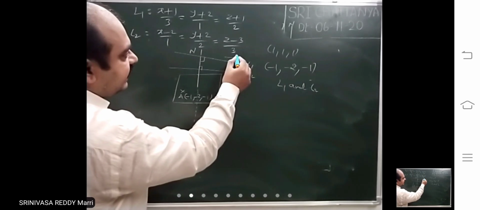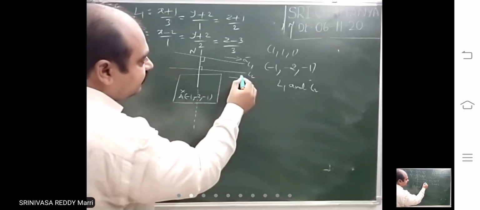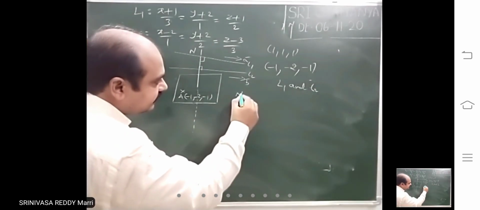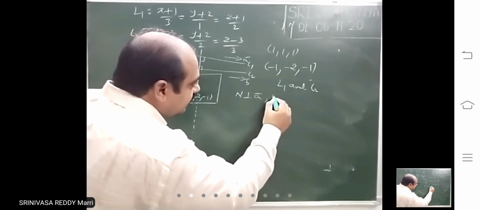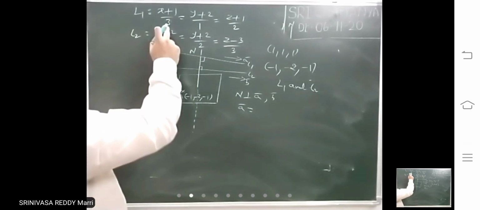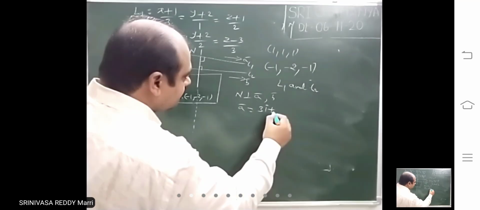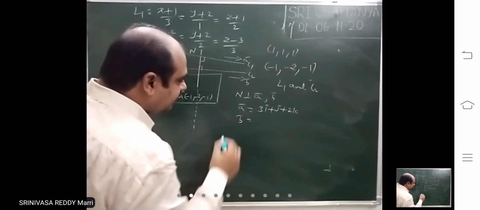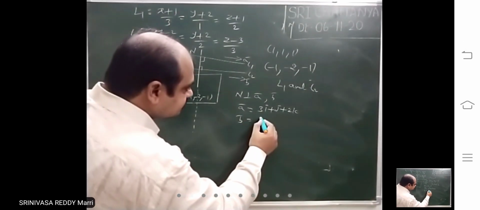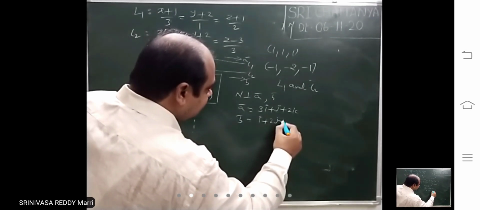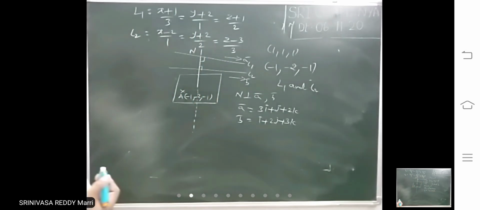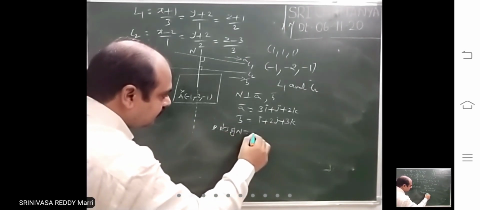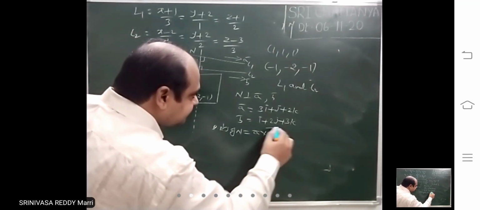Along L1 let the direction vector be A bar, and along L2 the direction vector be B bar. That means N is perpendicular to A bar and B bar. A bar is the direction vector of this: 3i plus j plus 2k. B bar is i plus 2j plus 3k. Now the DRs of the normal are given by A bar cross B bar.